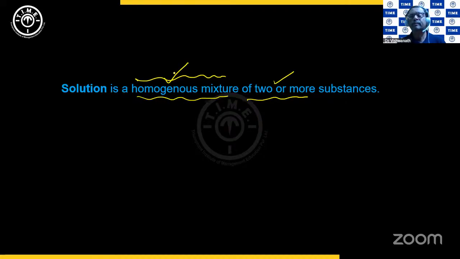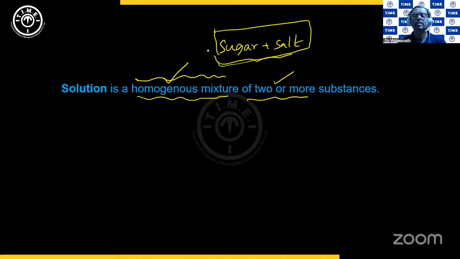So a solution is a mixture, but it is a homogeneous mixture. Unlike what we find with sugar and salt mixed together in the solid, both are powder, right? But still, if you take any part of that powdered mixture, you will not have the same salty or sweet nature.